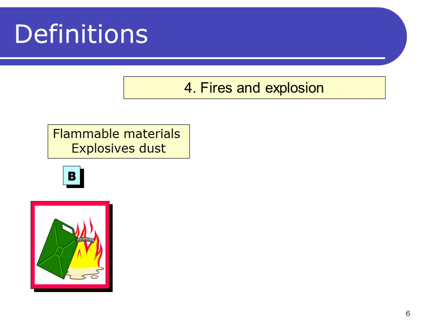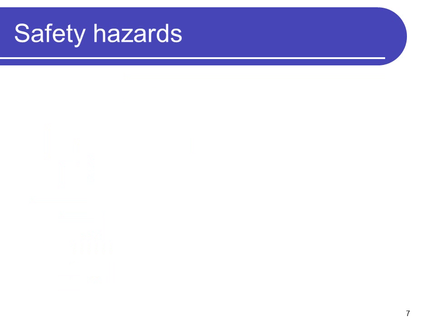There is another category that people want to include in the safety hazards, but we prefer to leave it apart as a standalone category: the fire and explosion hazards, that could be related to flammable materials or explosives.